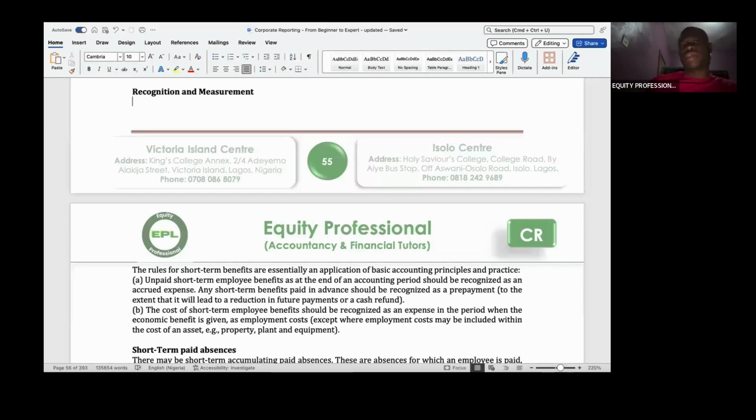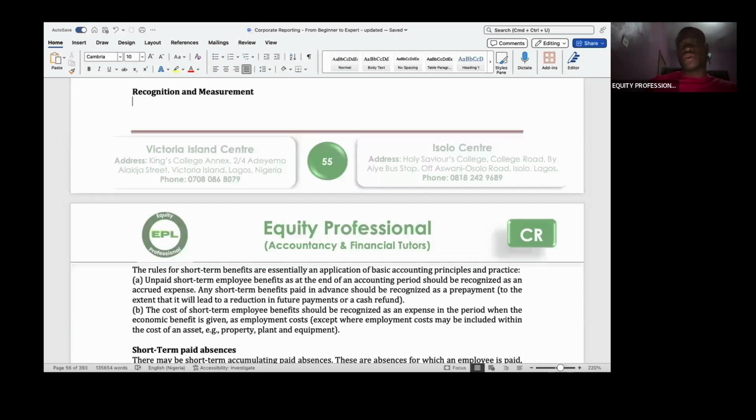And salaries are paid every month, monthly. But that is not how it is in some other part of the world. It could be daily, it could be weekly, anytime.